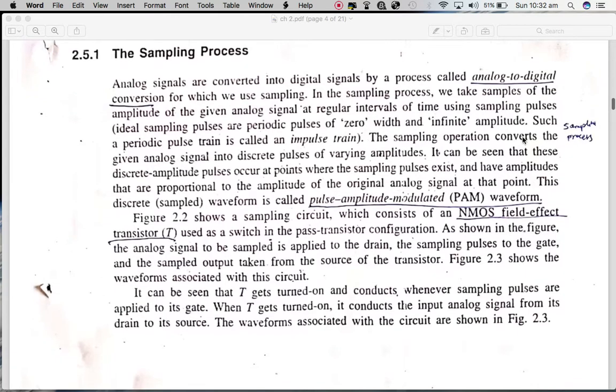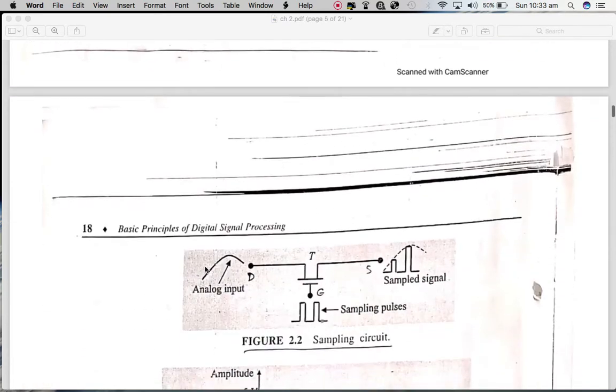So sampling, what is sampling? Sampling is the discretization of the time domain of an analog signal, and for sampling we use a kind of impulse train signal. That impulse train signal is applied at the gate of a control device, where the drain has the analog signal and the source has the output.